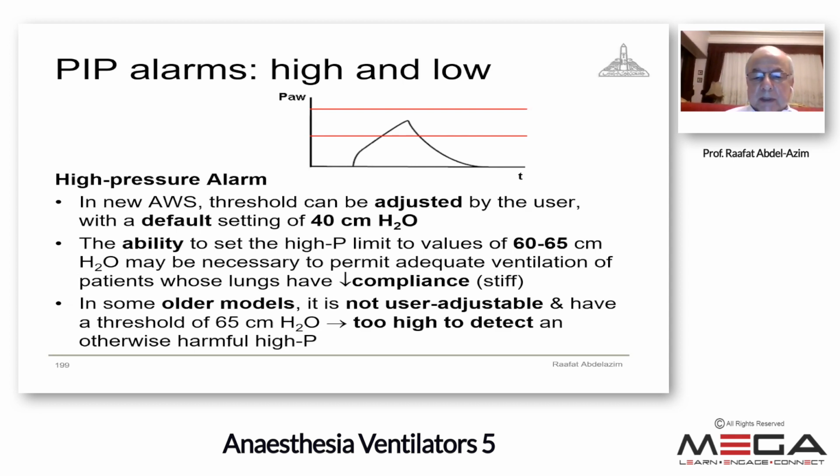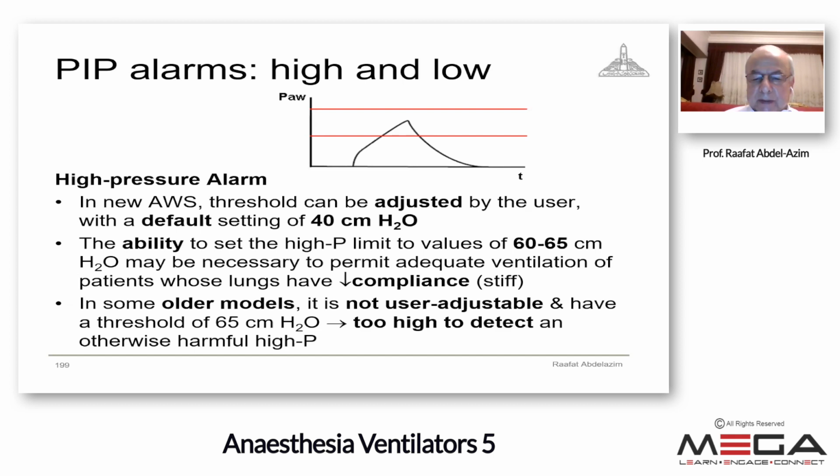The ability to set the high pressure limit, usually in the new ventilators, is automatically adjusted at 40, but we can change it. The ability to set high pressure limit values of 60 or more may be necessary to permit adequate ventilation of patients who have low compliance or stiff lung.